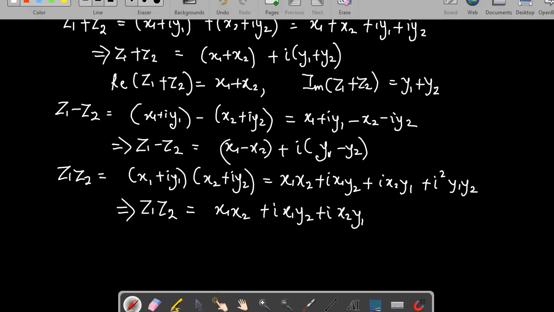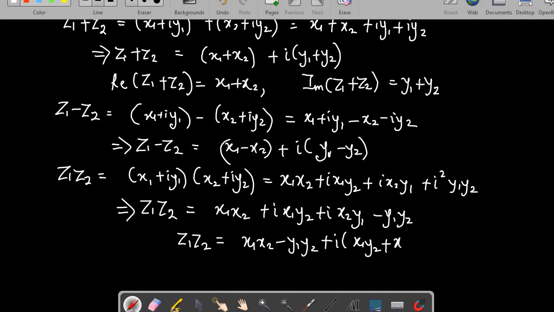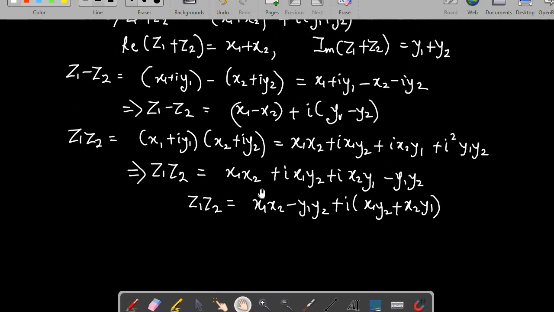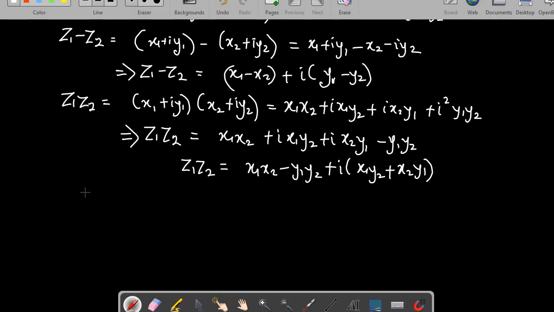Then i squared is -1, so that's just negative y1 y2. Then z1 z2 equals x1 x2 minus y1 y2, and you can factorize i here: plus i times x1 y2 plus x2 y1. So this is the multiplication of two complex numbers z1 and z2.